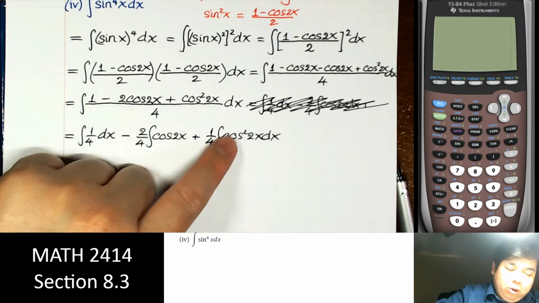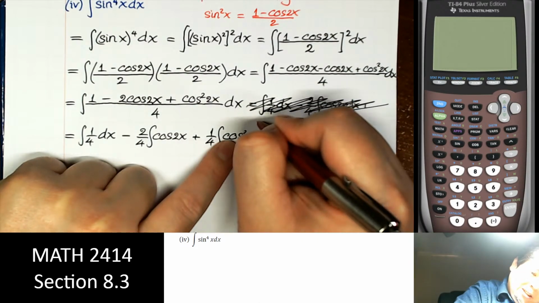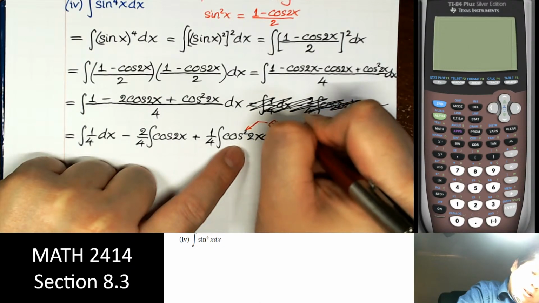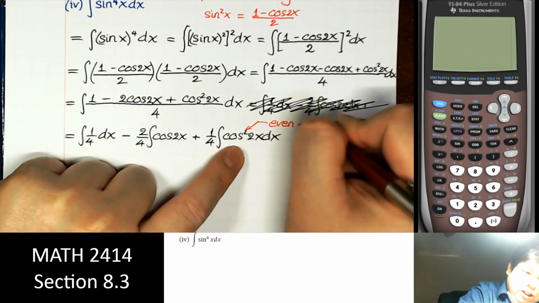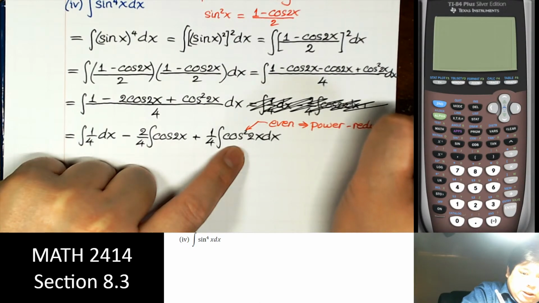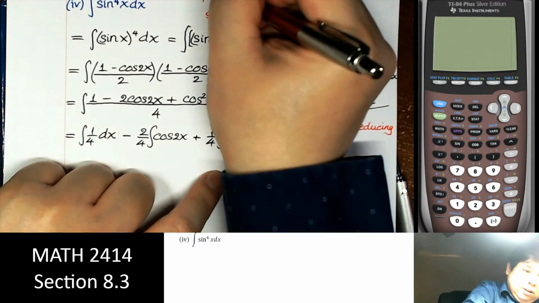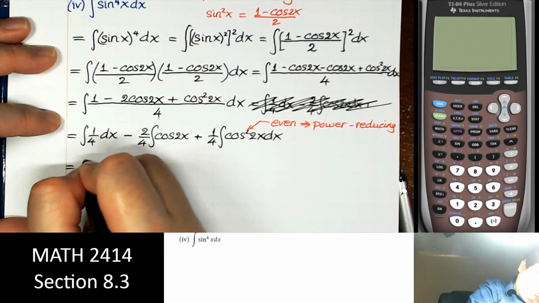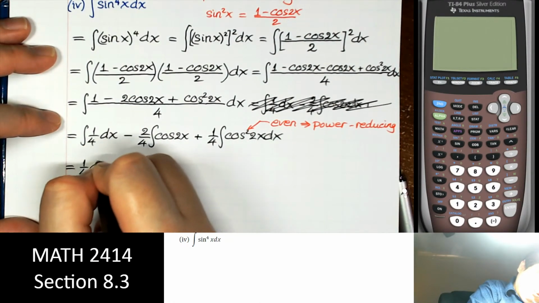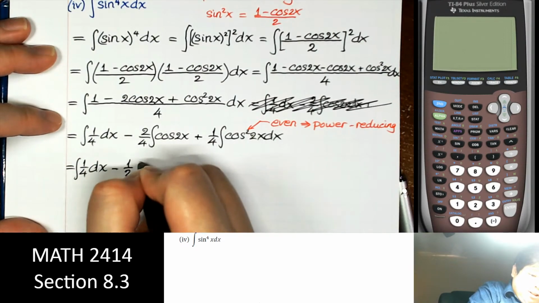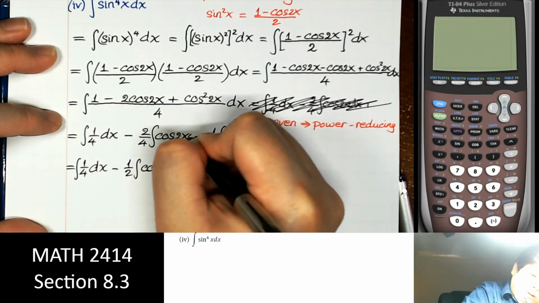And here we still have cosine square, which is power reducing again. That is 1/2. Forgot the dx.